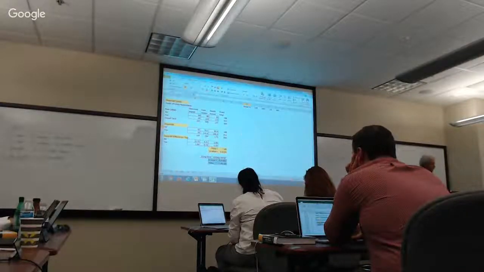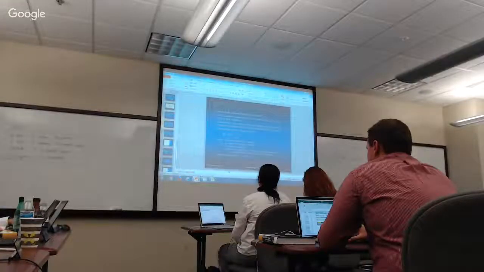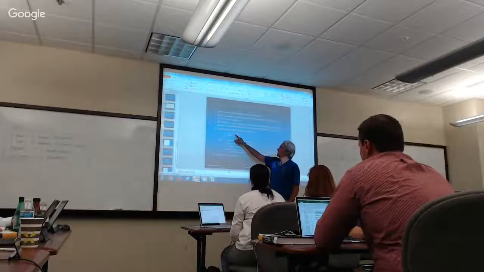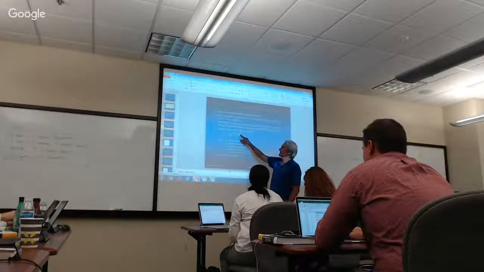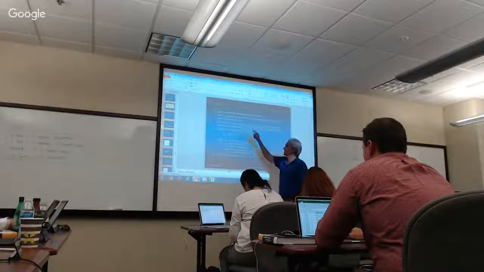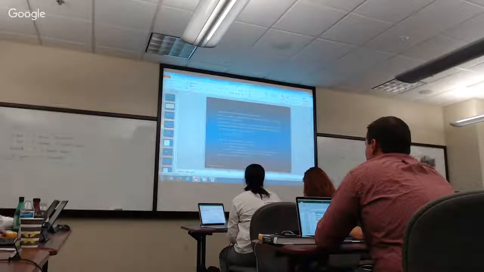Now we're going to get the square difference between expected and observed. Why are we doing that? Well, that's what the formula wants us to do. We take the difference, we square it, and we sum it up. So what did I do in my worksheet?